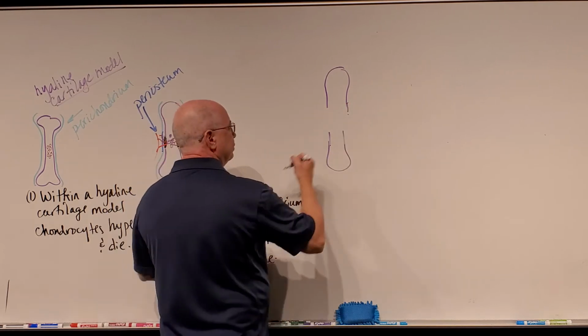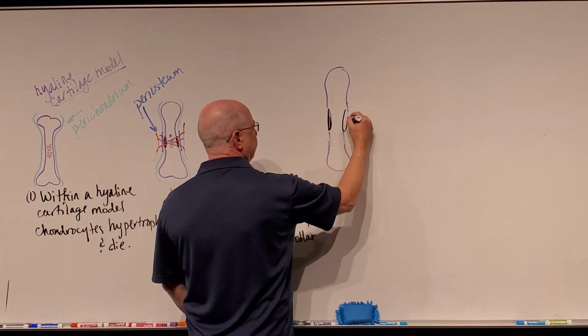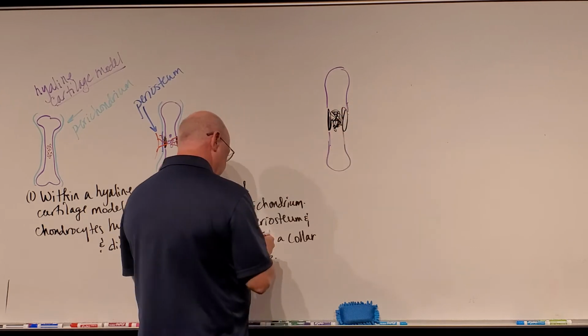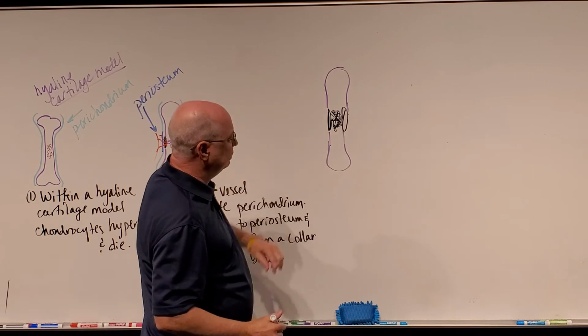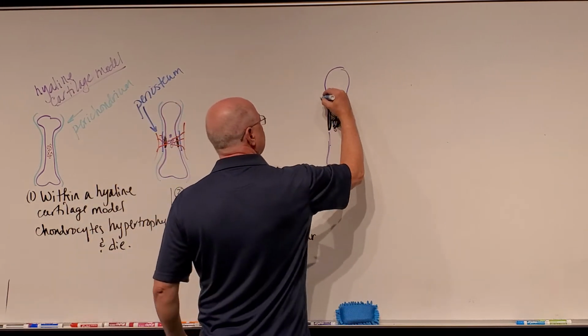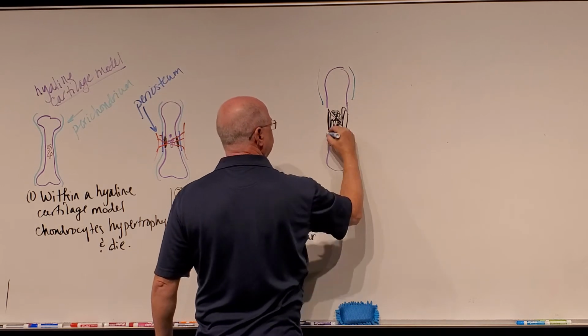So we have a collar of some compact bone out here, but then we form a bunch of spongy bone in the middle. And all of this out here would be solid cartilage. And that happens because the blood vessels continue to penetrate here.